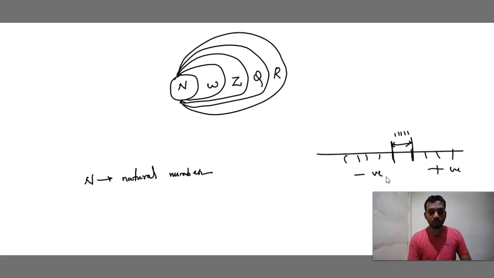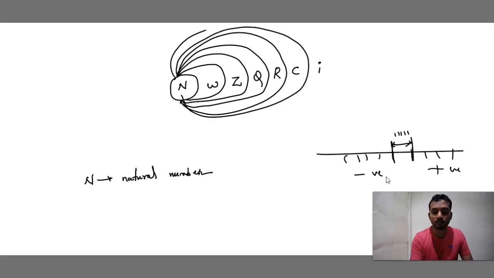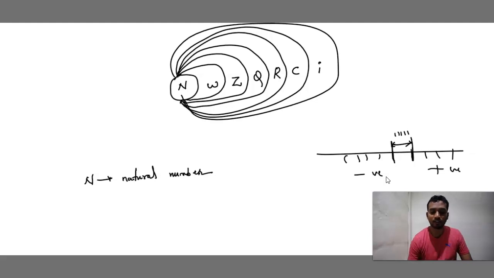It is not there in your syllabus, but still you can just remember. Those are numbers called complex numbers and imaginary numbers. To solve this type of numbers, we use other methods of mathematics. But in your syllabus, we have to study only till real numbers. That's it. I hope you have understood this.